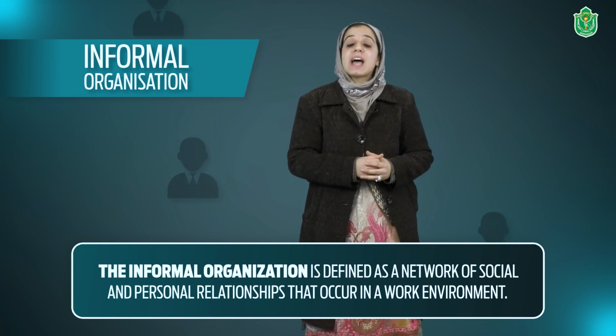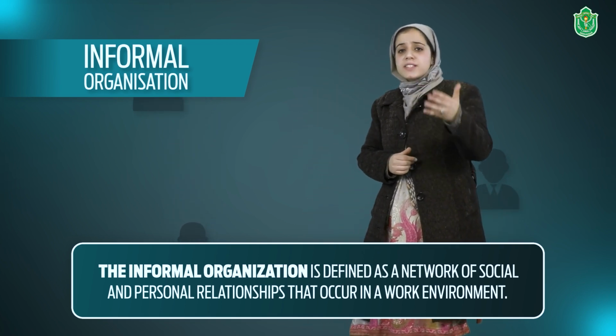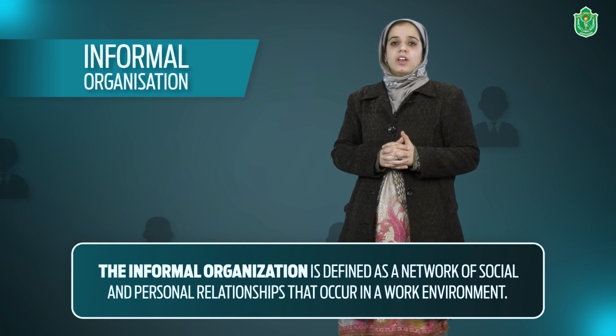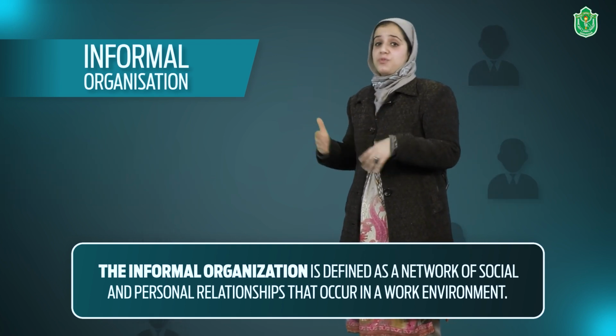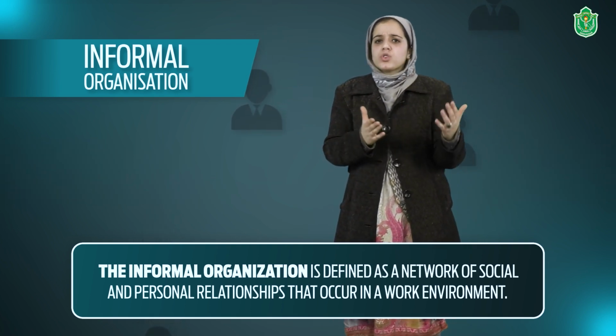Let me give you an example here. An assistant sales manager, instead of going to his boss for advice, will go to the production manager because of friendship. So this relation is an informal relation. But this informal relation also exists because of the formal organization.